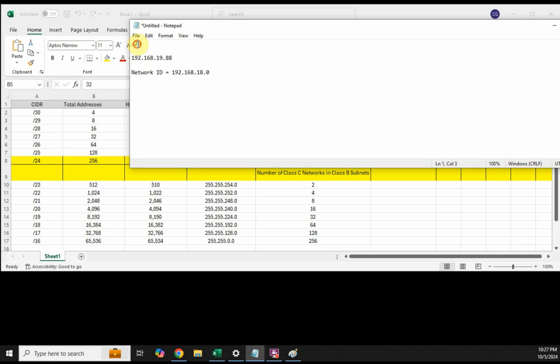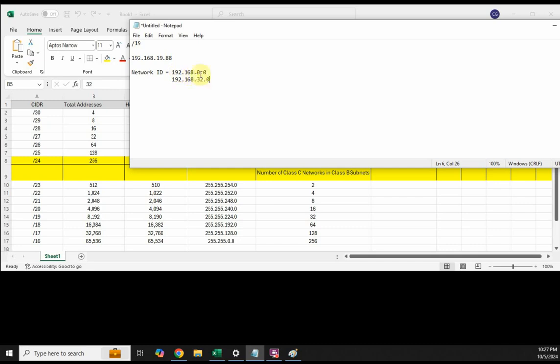If it was a /19, let's go big time. The network ID on this is going to be 0.0, because the next network ID would have to be 32.0. You see how that works?